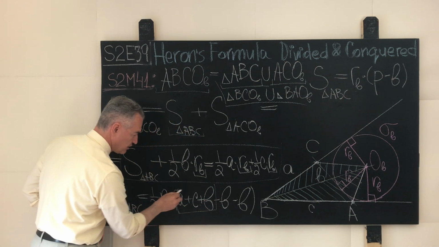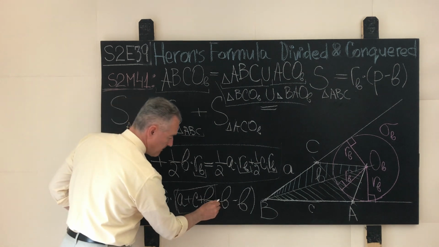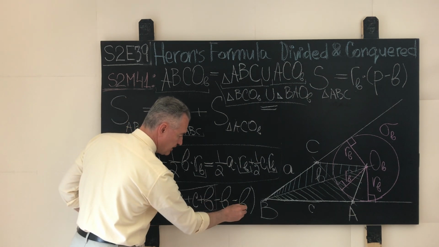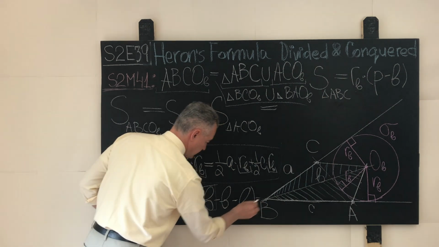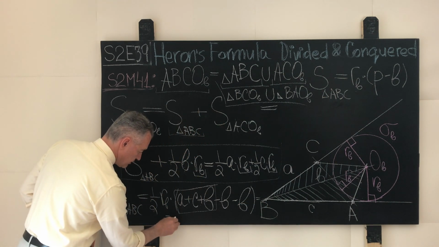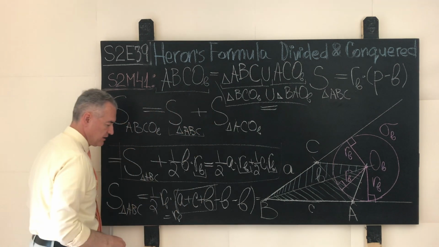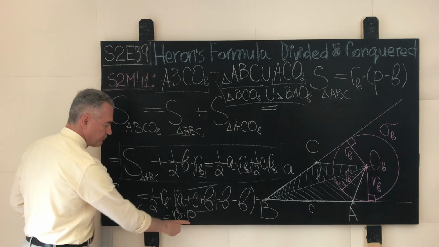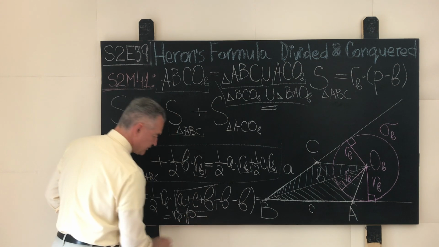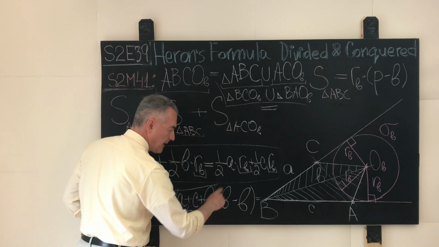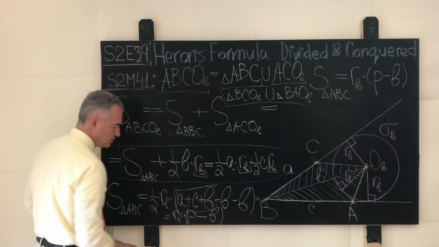This over here in conjunction with 1/2 will be precisely P, and minus B, and minus B will be minus 2B. 2B over 2 will be precisely B. And thus, what we have is exactly our expression: the length of the radius RB of the ExCircle sigma B times the semi-perimeter, (A plus C plus B) over 2, and from this, we subtract minus B, minus 2B over 2, minus B. And voila, problem solved.